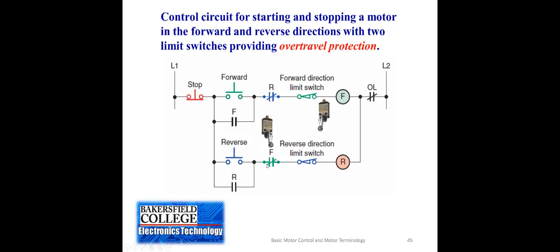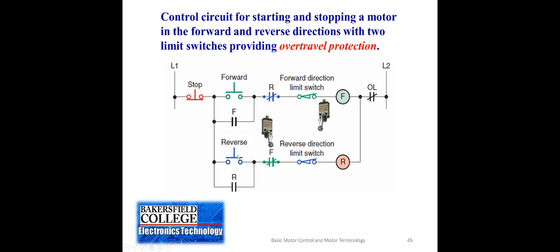This forward normally closed relay contact will open up when the forward coil is energized. So when you're operating the motor in the forward direction, this F normally closed contact will open.